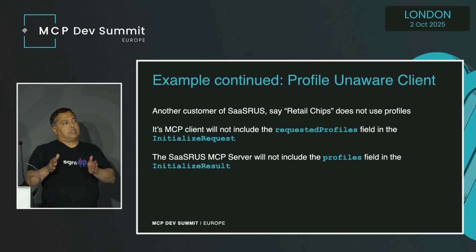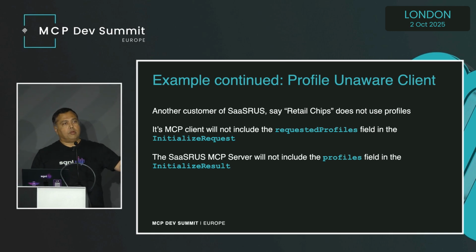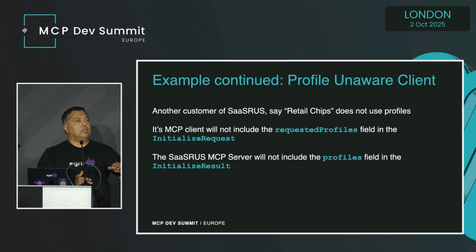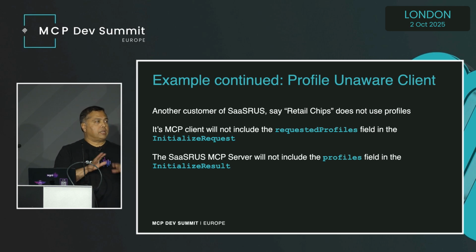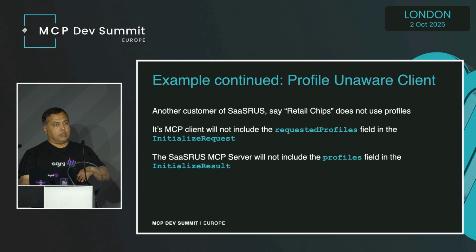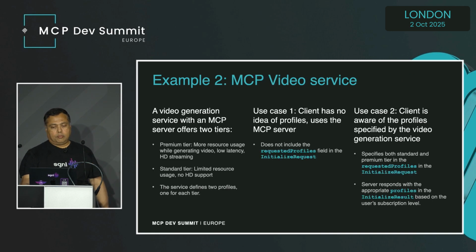As a result, the SaaSRS service will say, okay, this is a profile-unaware client, and so I'm just going to respond with an initialized result that doesn't have the profiles field in it, right? And so everything works like the default that SaaSRS supports. So in this way, as a SaaS service, you can simultaneously support both profile-aware clients and profile-unaware clients, right?